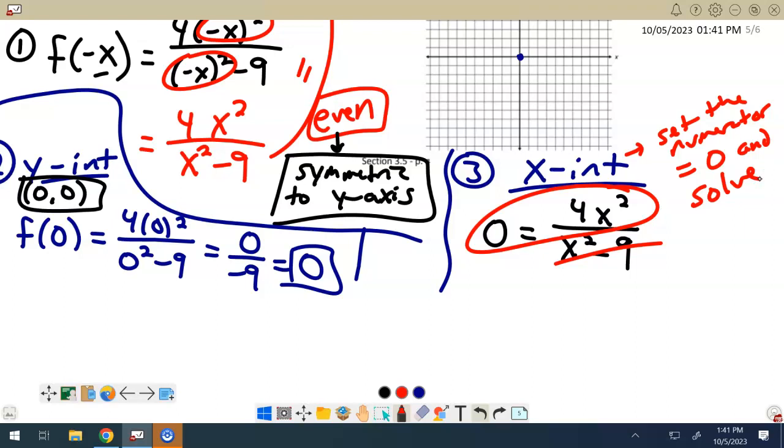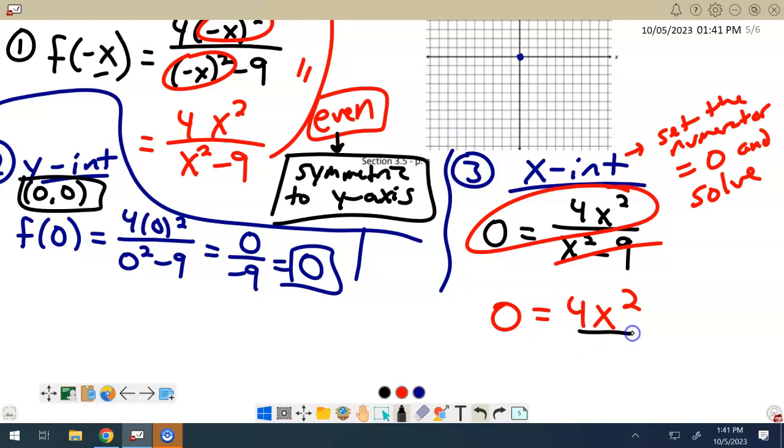You can drop the denominator. So we're just going to have 0 equals 4x squared, right? Without the denominator being there. Which I kind of like, because to find the vertical asymptotes, you set the denominator equal to 0 and solve for x. I kind of like we're using each piece of the equation to get some information out of it.